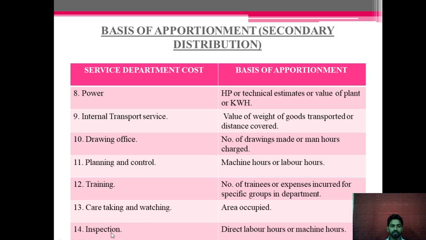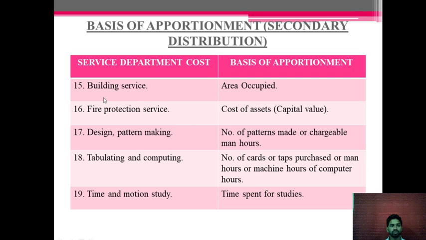Next, inspection, on the basis of direct labor hours or machine hours. Building service on the basis of area occupied. Fire protection service on the basis of cost of assets. Design pattern making on the number of patterns made or chargeable man hours.